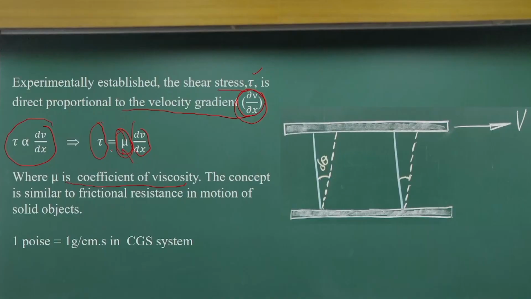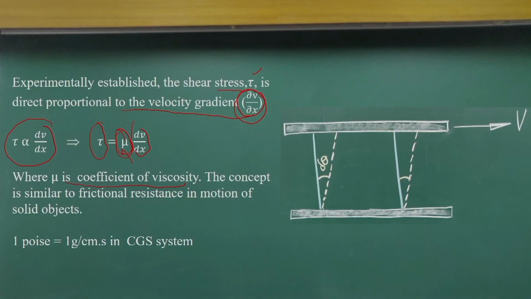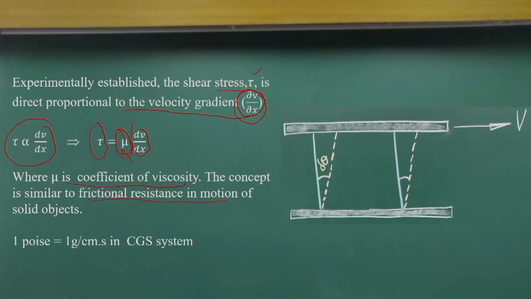So, the mu value varies from fluid to fluid. It is equivalent to two solid objects where one is moving and the other is not: you know there will be a frictional resistance.